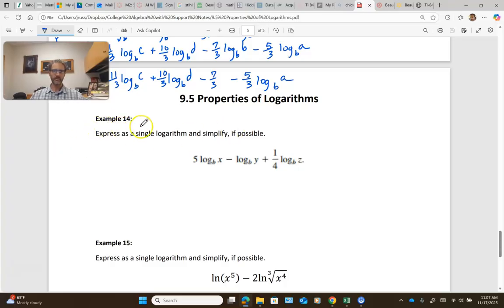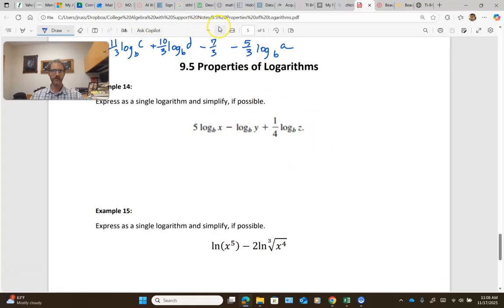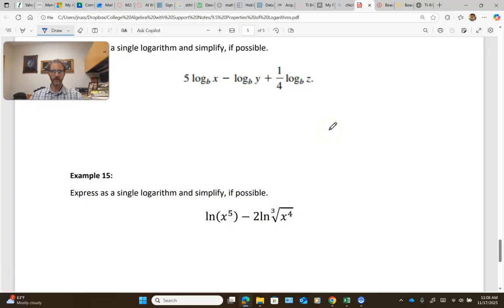All right, this says to express as a single logarithm and simplify if possible. Well, if you have numbers in front of your logarithms, those are going to become exponents, okay? So I'm going to start off here by moving those back in. Okay, so really only 2 of them have numbers in front, so I would be utilizing power rule.